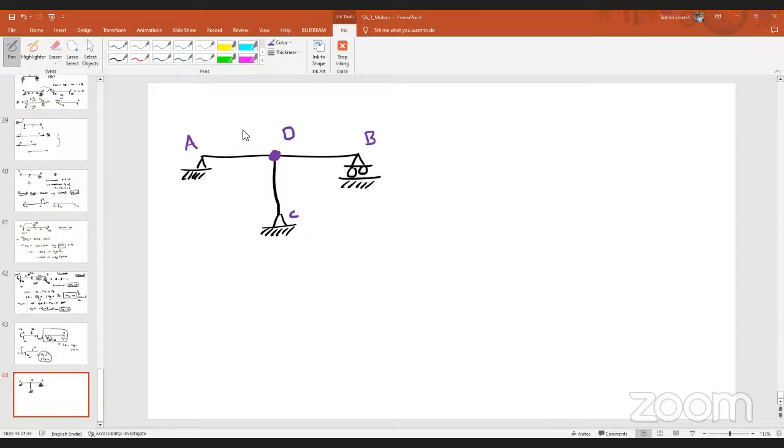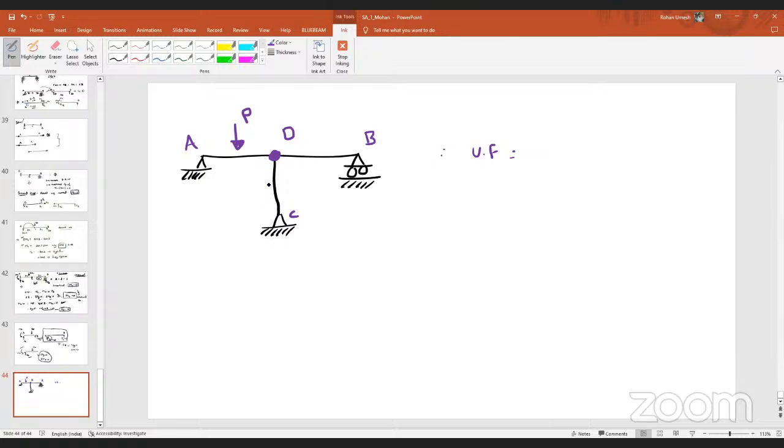Or before that, let us solve this problem. How many unknown forces are there first of all? In this case, how many reactions should I consider at A, 1 or 2? Always remember, this is not a simple beam problem.